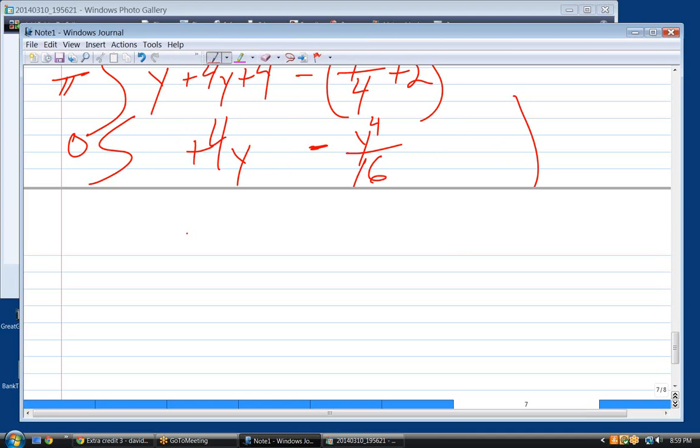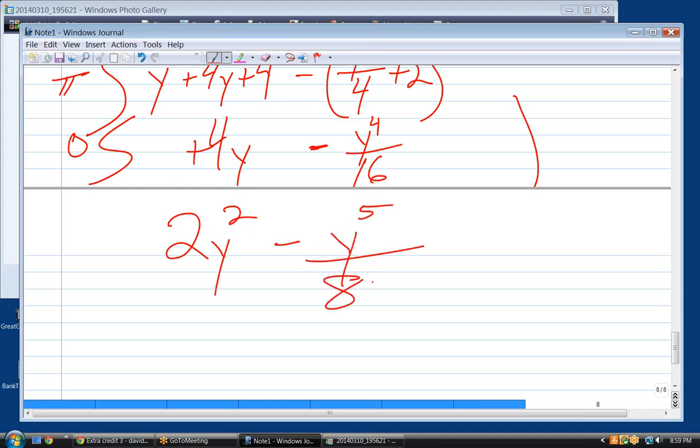So that is 2y squared minus y to the 5th over 80. Again with the 80s. And I want to evaluate that from 0 to 4, so I only need to evaluate the 4 part.